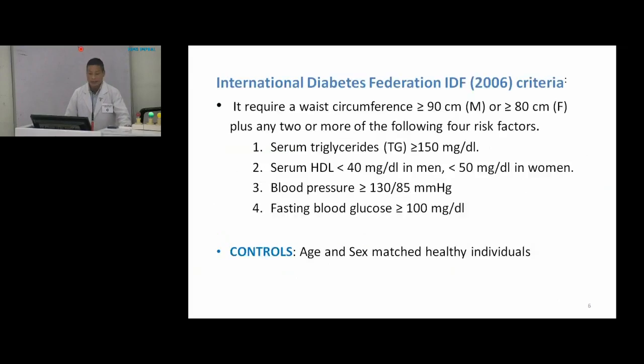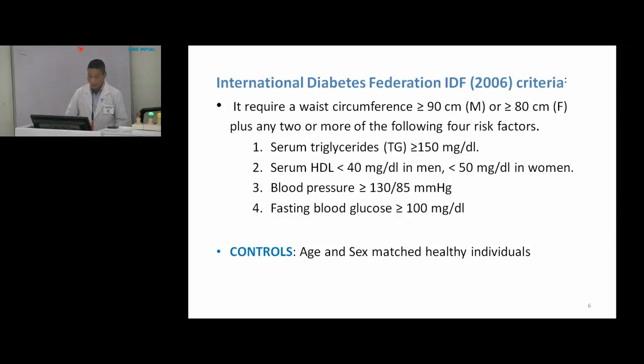In this study, metabolic syndrome is defined according to IDF criteria 2006, which require the presence of waist circumference more than 90 centimeters for male and more than 80 centimeters for female, plus any two or more of the following factors: increased triglyceride levels more than 150, decreased serum HDL level less than 40 in male and less than 50 in female, blood pressure more than 130/85, and impaired fasting glucose.